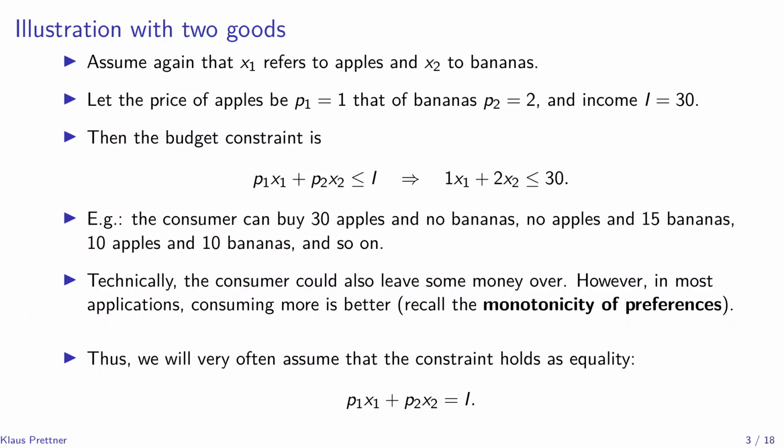It would just be that you don't use your total budget, although you could spend more and this would increase utility. So households would usually not be in a situation at the optimum in which money is left over. So we can write the budget constraint with an equality sign in general, and that's what we do here.